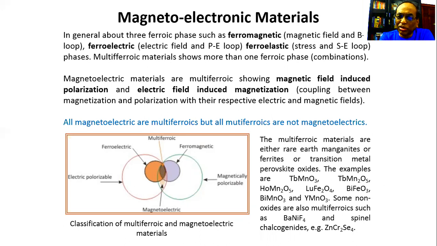Some non-oxides are also multiferroic, such as barium nickel fluoride and spinel chalcogenides, that is zinc, chromium and selenium compound. So these are very advanced types of materials, the magnetoelectronic materials. So this is very frontline type of devices that are using all this.